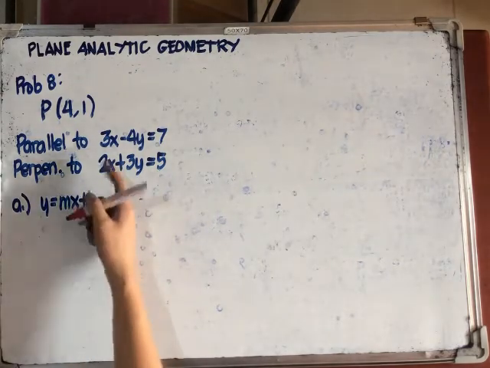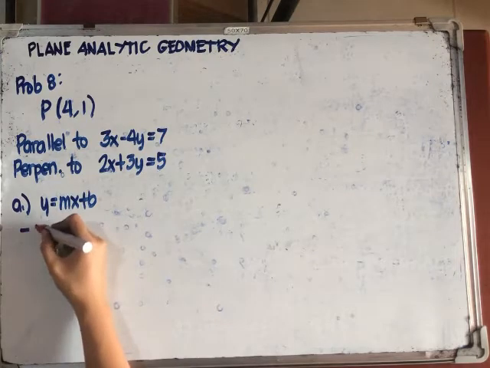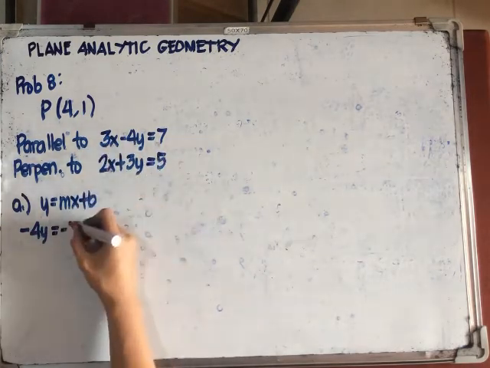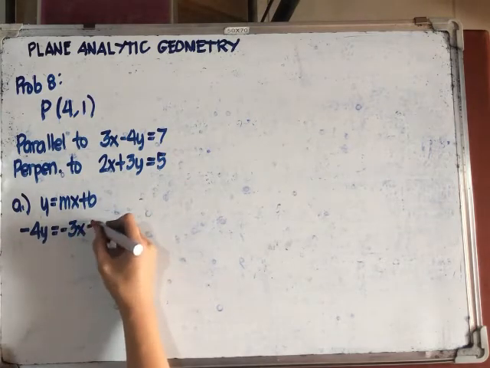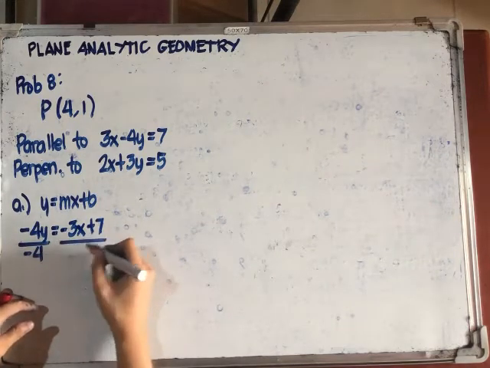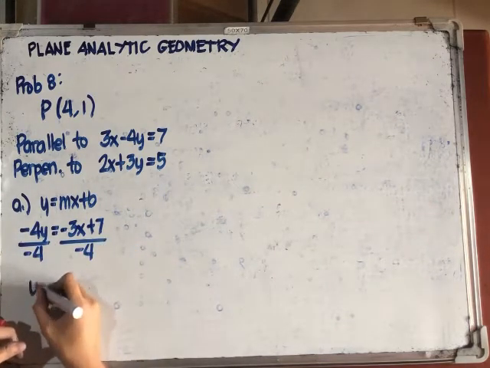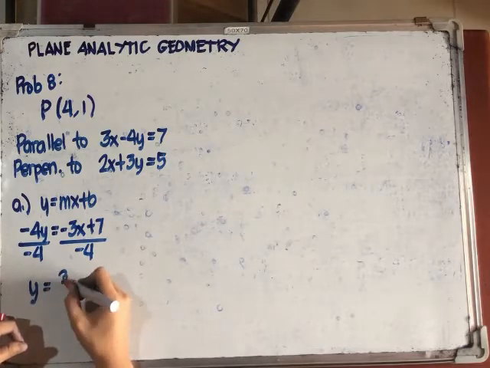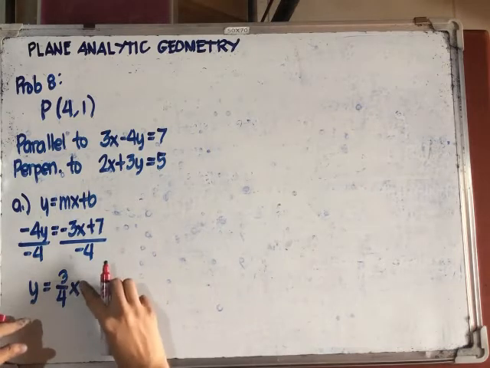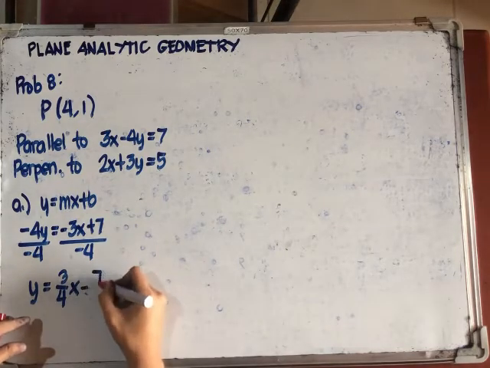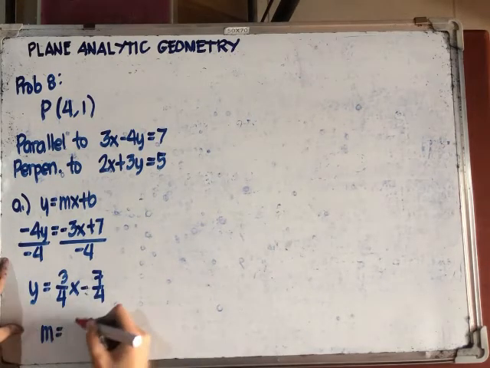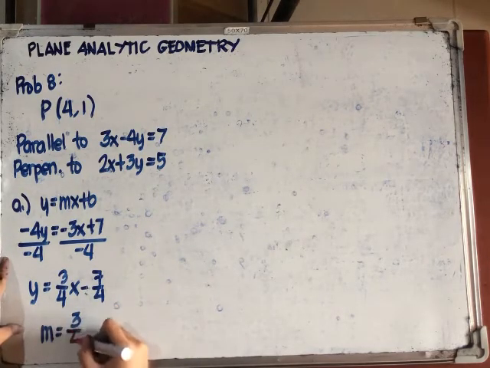So for letter A, we transform that first: negative 4y on this side, and I will move 3x onto the other side. Then we have plus 7. Dividing all sides by negative 4 would give us y equals 3/4 x minus 7/4. So in this case, you can see a slope equal to 3/4.